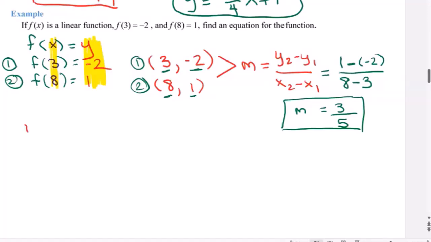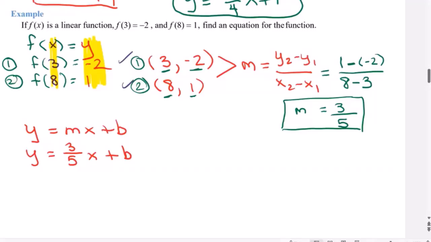So let's start. We have y equals mx plus b. I know m. I do not know b. How can I find b? Well, I do have 2 ordered pairs, right? I have this ordered pair and this ordered pair.